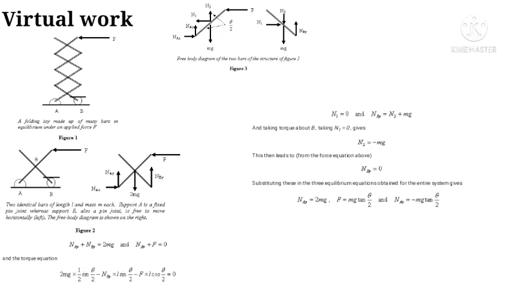The force equation of this bar is N1 equals 0, then NBY equals N2 plus mg. And taking the torque about B, taking N1 equals 0 gives us N2 equals minus mg. This leads us to NBY equals 0. Substituting these in the equilibrium equations obtained for the whole system gives the result.